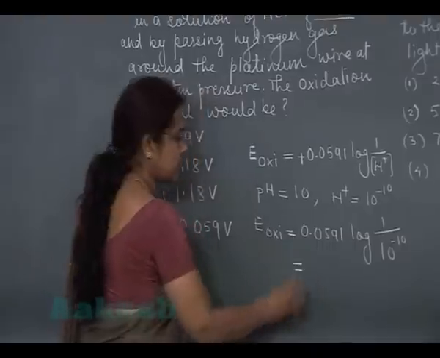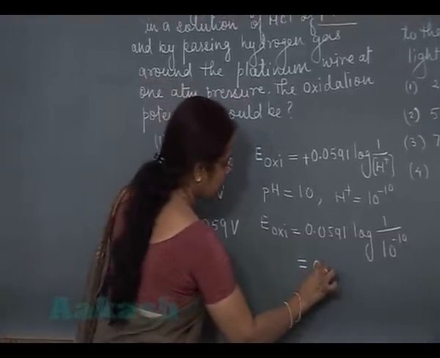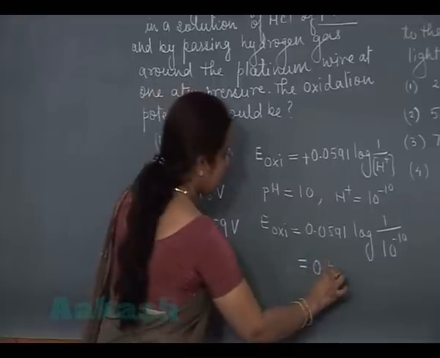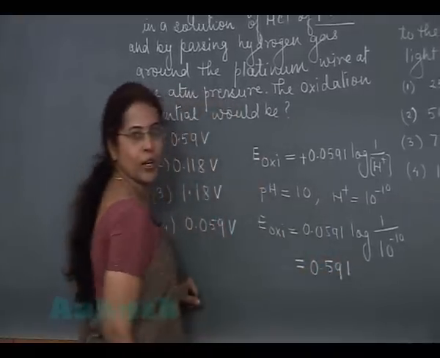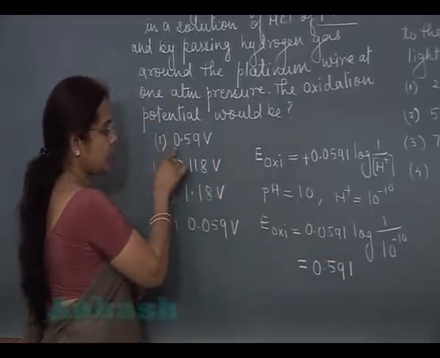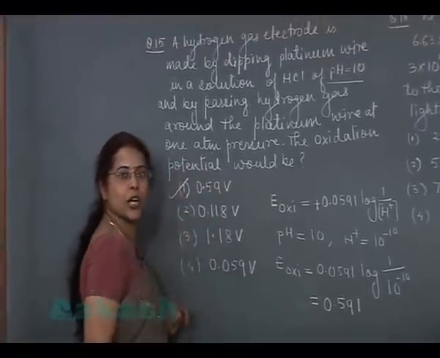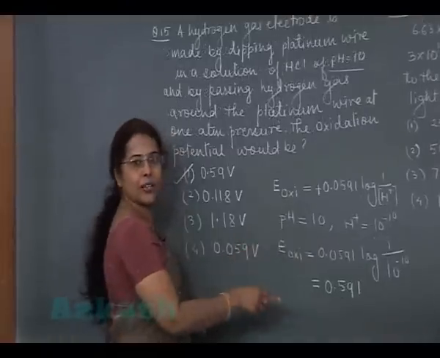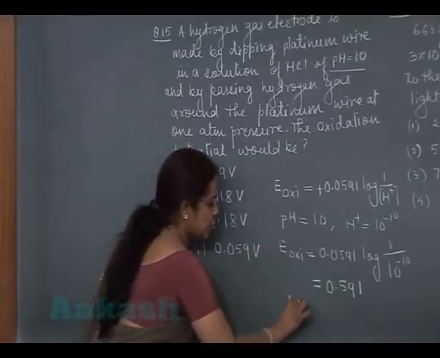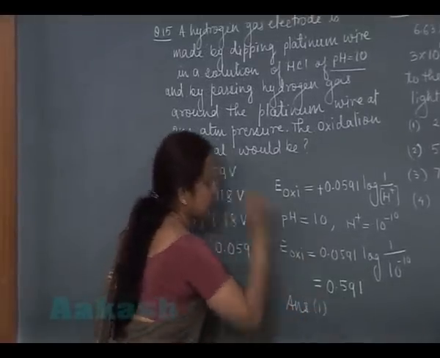If we solve this, the answer is coming 0.591. So see the option. The first option is 0.59 volt. So this one is the correct option. So we will mark the answer as option number 1.